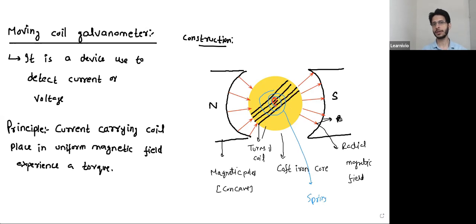One end of this spring is connected to the coil, so that if this coil rotates, then this spring will rotate. And another end of the spring is connected to a pointer. This pointer can move over the scale, and due to rotation of this pointer, you will get the reading. You can measure the reading using this pointer. So that's the construction.